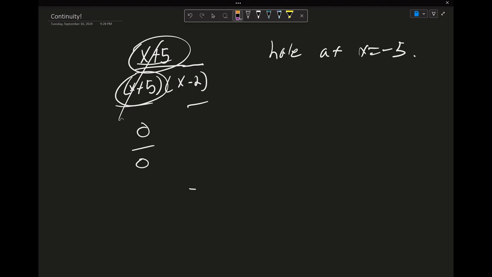And we also see here, once you simplify this expression, it becomes 1 over x minus 2. And we saw in the last example with 1 over x that we used x equals 0 as our asymptote value. But here, we're going to be using x minus 2 equals 0 to find what line is denoting our asymptote this time, which we can see is x equals 2.